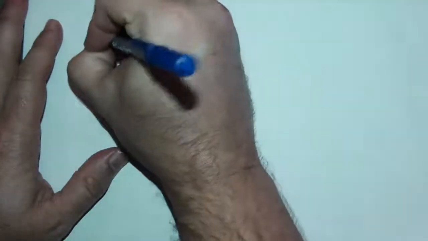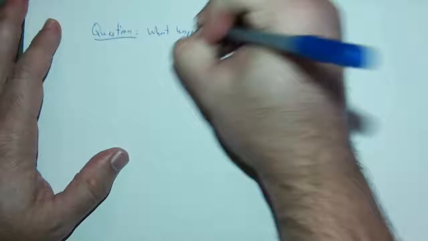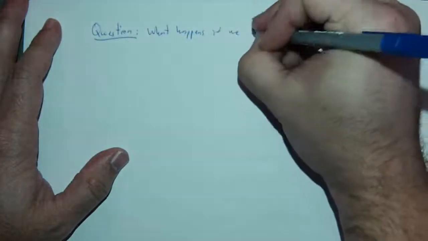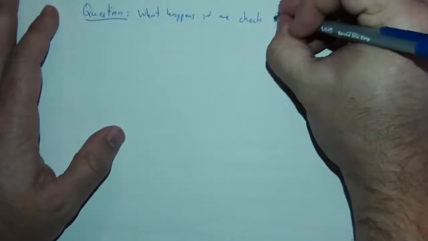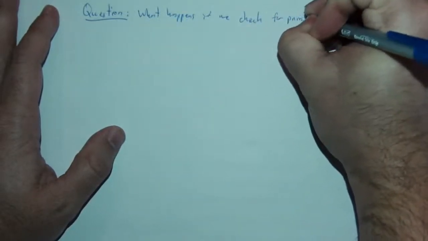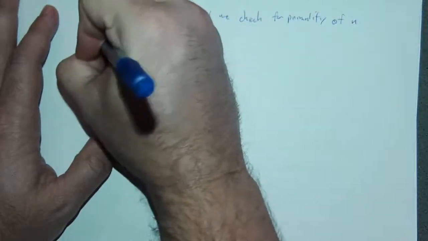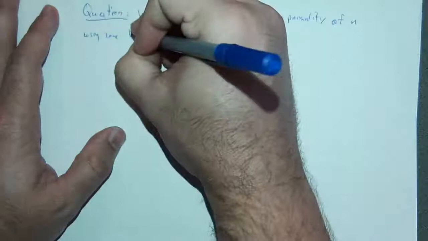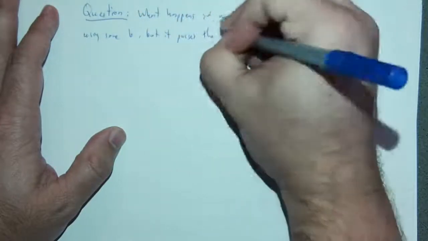Question. What happens if we check for primality of n using some b, but it passes the Fermat test?